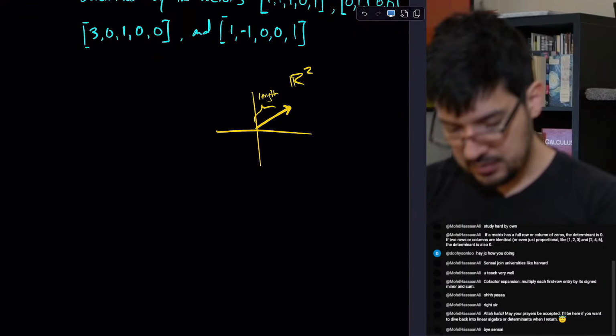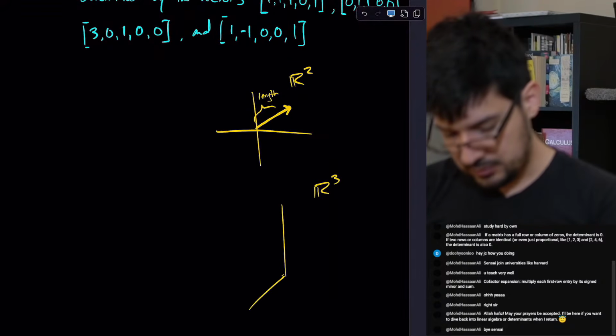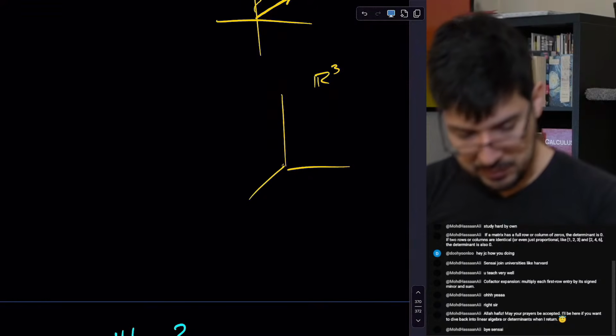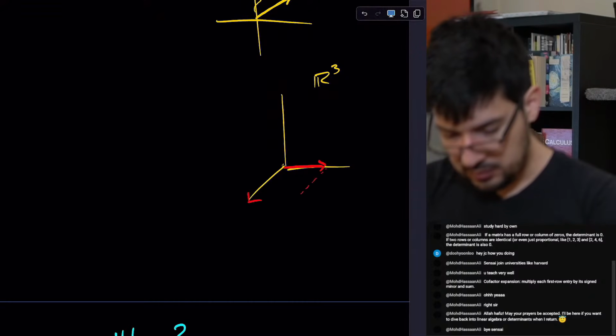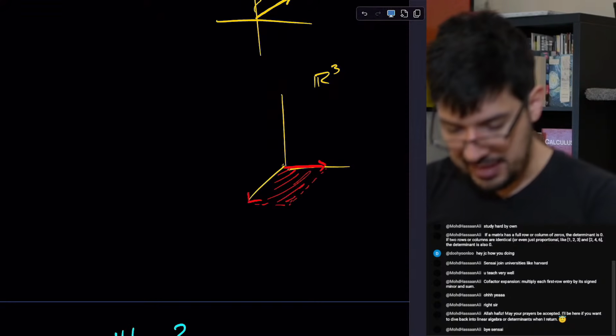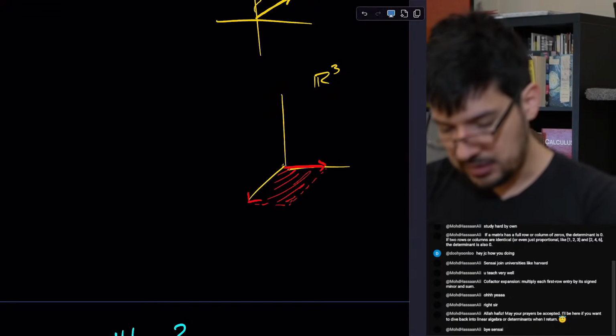In 3-dimensional space, maybe we want to find the area of two vectors, and then this determinant finds area.